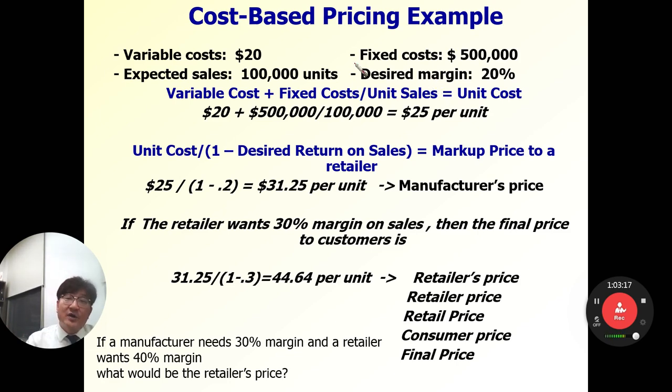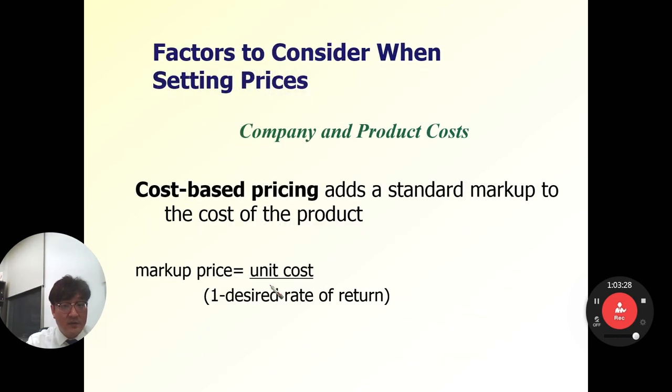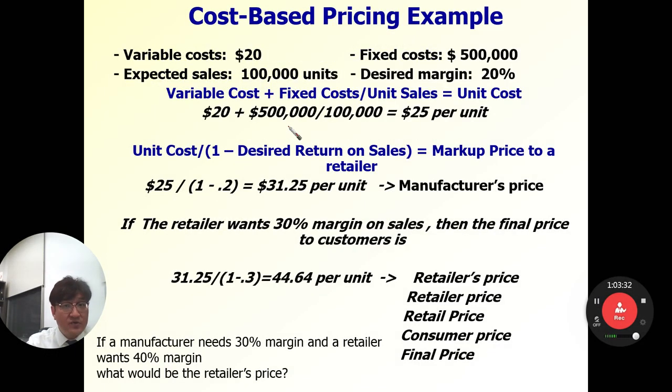So if you want to calculate the final price in cost-based pricing, you need to calculate the unit cost first. How to calculate the unit cost? The variable cost is $20, then you need to add the fixed cost per unit.